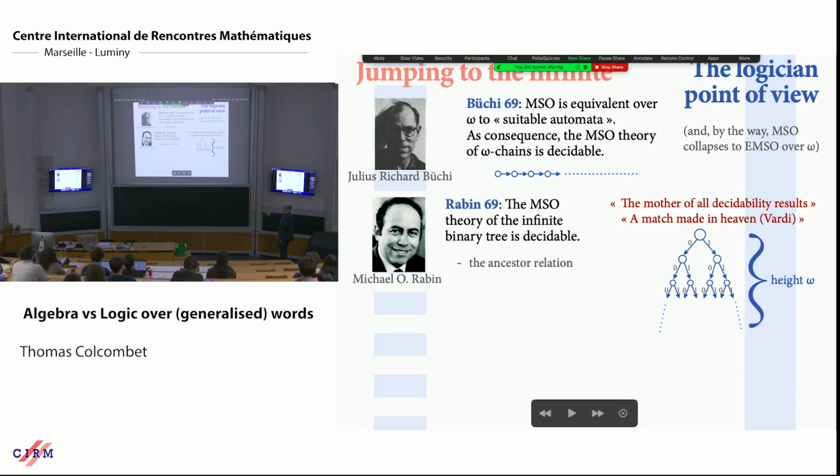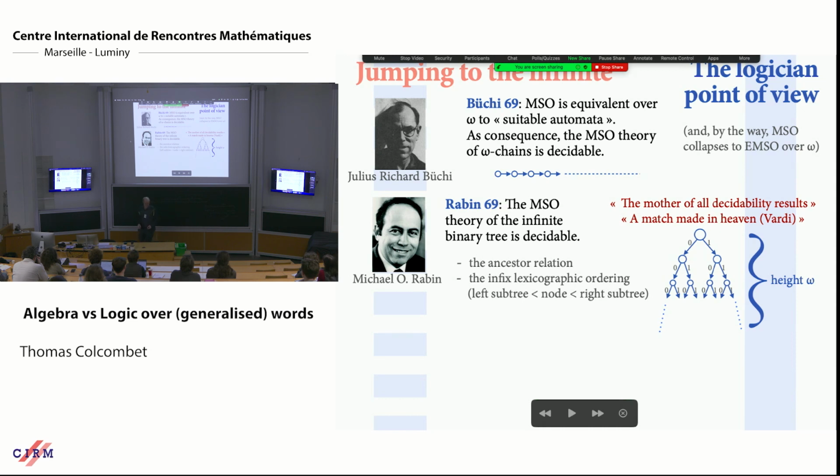But here in our case, let's look a bit more precisely. What can you express on this infinite binary tree? The first thing is that we are in monadic second order logic, so we can express reachability, the existence of a path. As a consequence, you can express the ancestor relation in this tree. You can say this node is below this one. And you can also express, as a consequence, the infix lexicographic ordering.